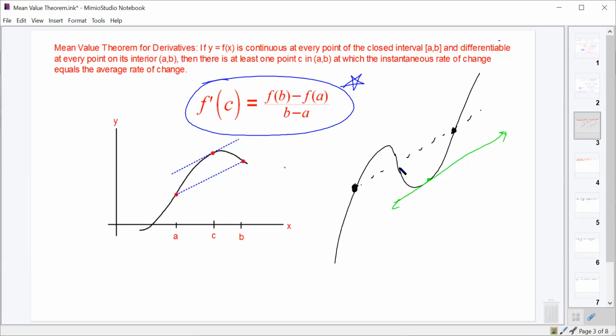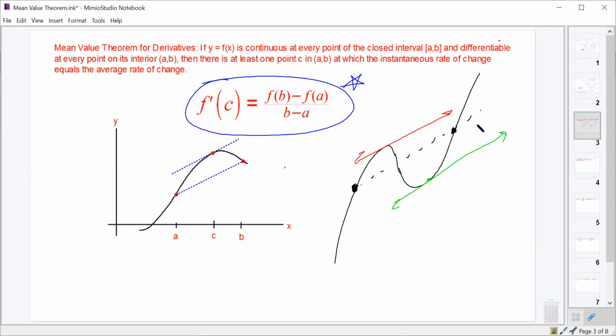All right, so there might be a second place, right? There might be a place over here where the slope of the tangent line is the same as the slope of that secant line through those 2 points. Okay. But it's at least guaranteed that it will happen one time between A and B. Maybe more than once, but at least once. Good or no? Conceptually, we understand what this should look like and sort of the idea of it all?